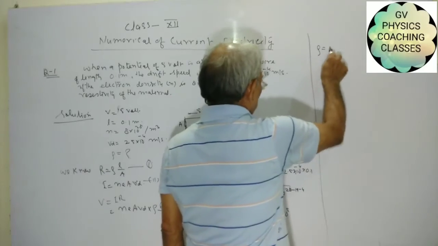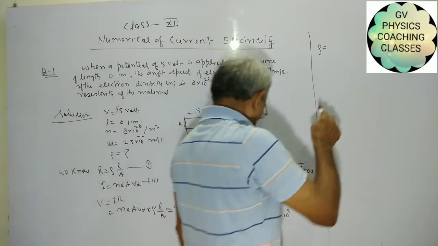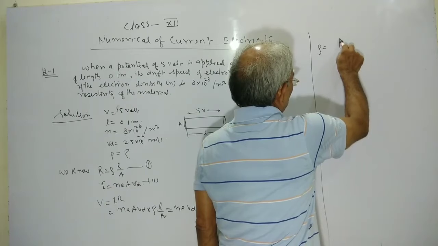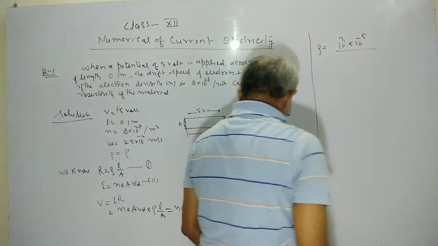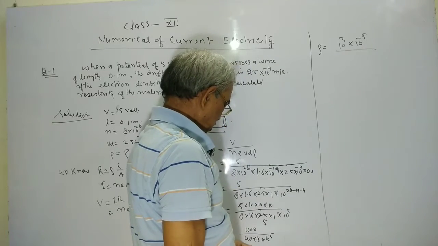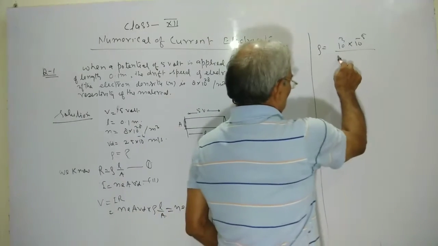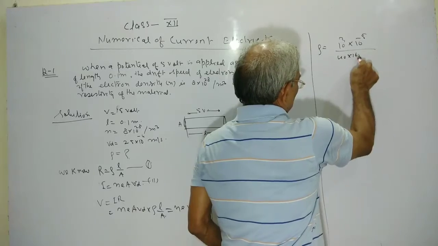Here rho equals 10 to the power 3 into 10 to the power minus 5 upon 40 into 16.